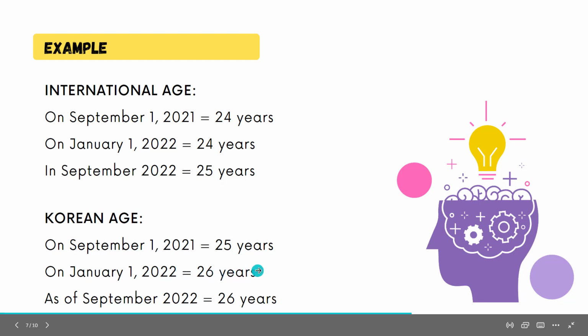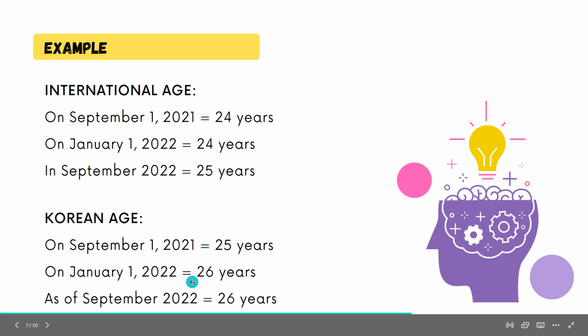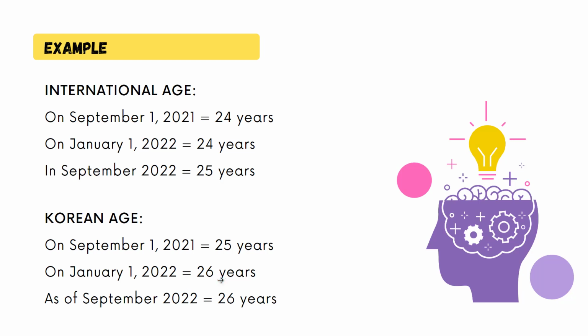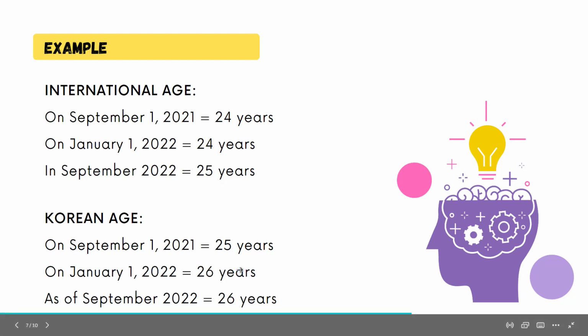No matter in which month you were born, you are going to celebrate your birthday on January 1 every year, and you're going to increment your age on that day itself. And one more time is the day when you're born. That's it. So this is how the Korean age is calculated.